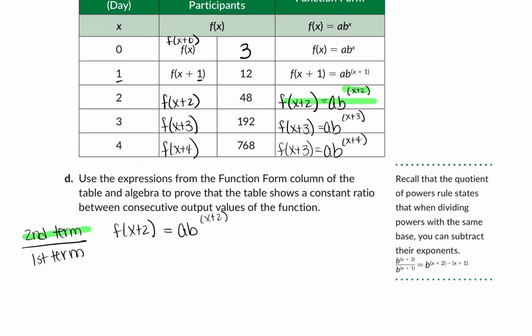My apologies. And then my first term is going to be this equation. So over f of x plus 1, which is my first term, equals AB to the x plus 1.